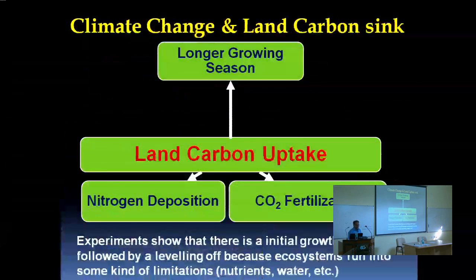Okay, now what are the key issues that we have to consider under climate change and its relation to carbon uptake over land. There are three issues at least. One is longer growing season, particularly in the colder regions. For example, already it has been estimated that the growing season in cold countries has increased by about 2 weeks.